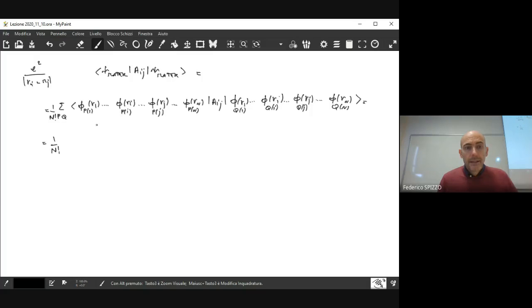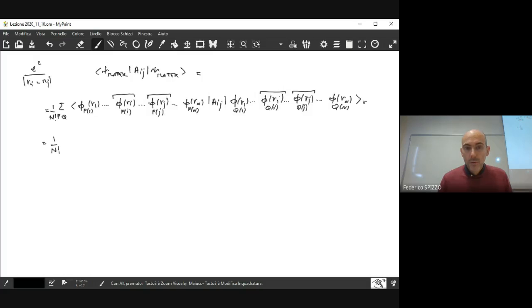Okay, in this case, we may observe that the two-body operator, if we fix the value of i and the value of j, affects only these two wave functions, the two on the left side and the other two on the right side that correspond to the index i and index j of the position vector corresponding to those two electrons.